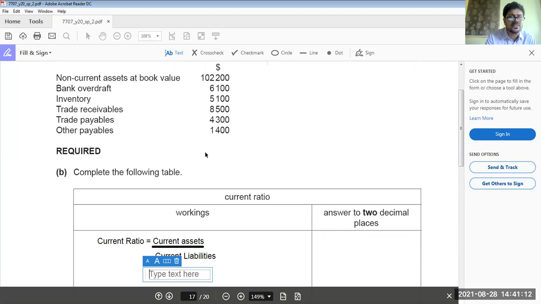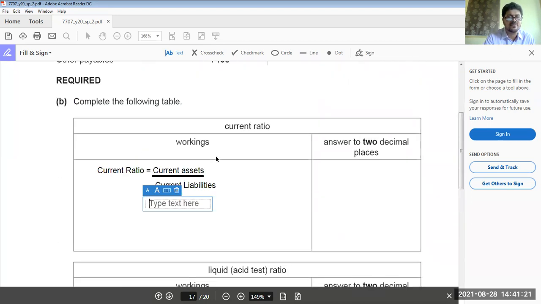5,100 inventory plus trade receivables 8,500. So total current assets is 13,600. 13,600 divided by current liabilities. How much?